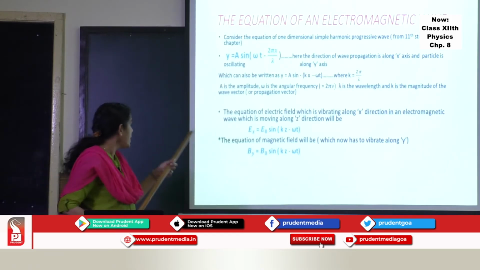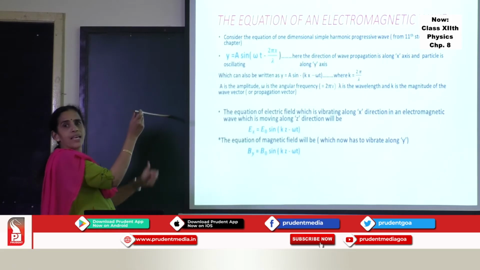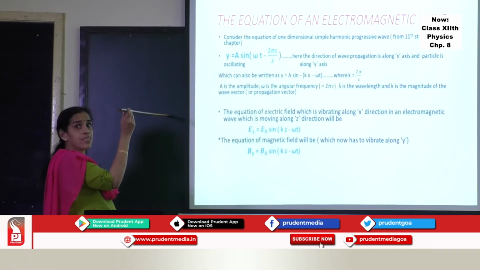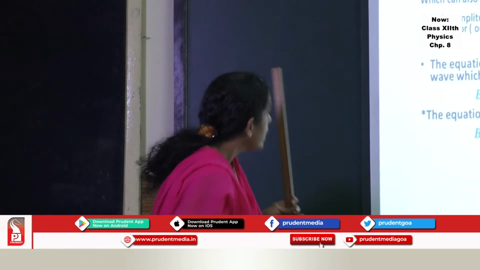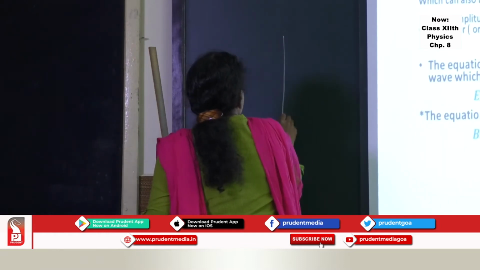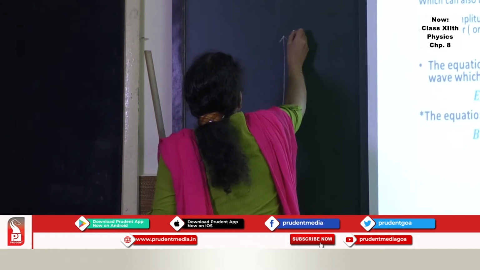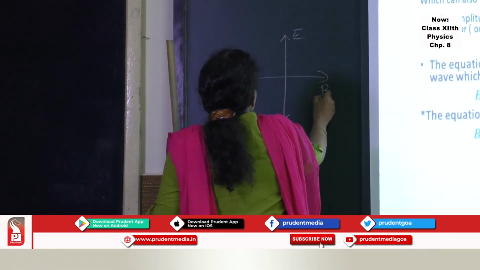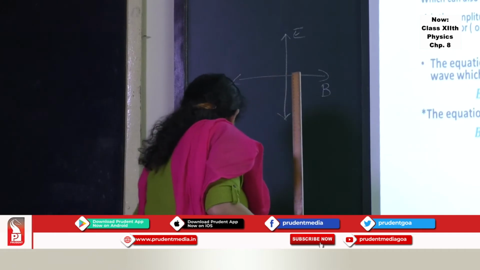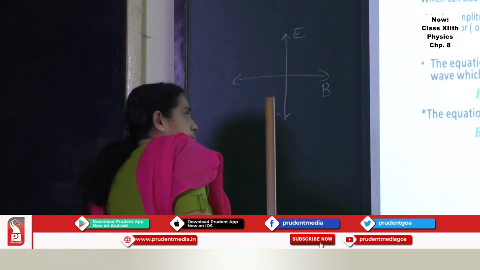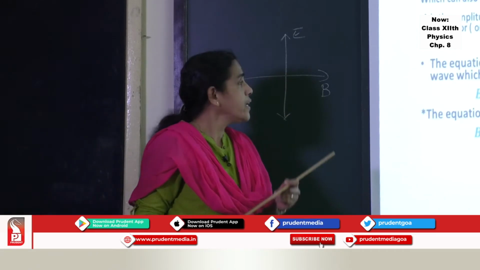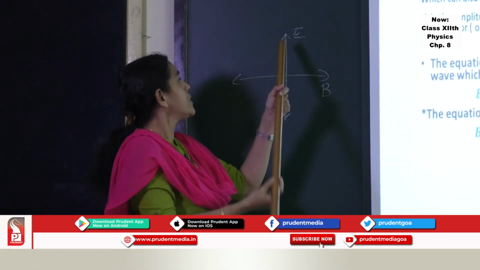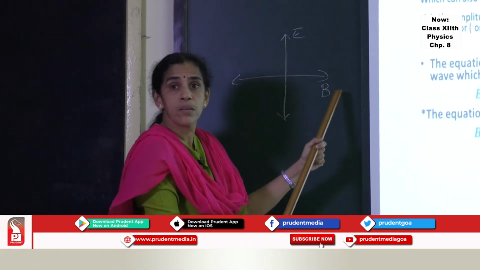It means if the wave is coming like this, out of the board, your electric field and magnetic field will be like this on the board. If the wave is coming like this, the electric field will be like this, the magnetic field will be like this.